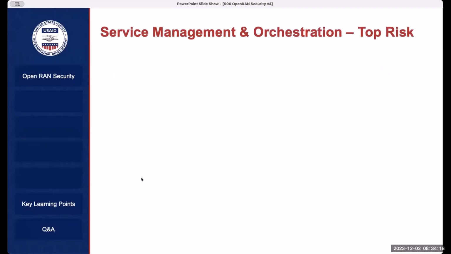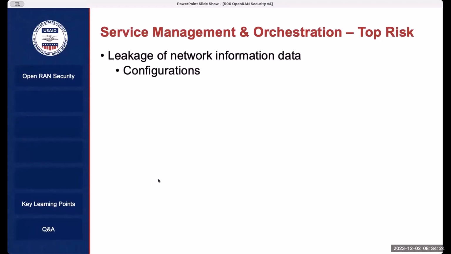So next we'll have some discussion on service management and orchestration top risks. If you have network information data, where are these configurations and topologies and KPIs located, and would anyone be able to access them?